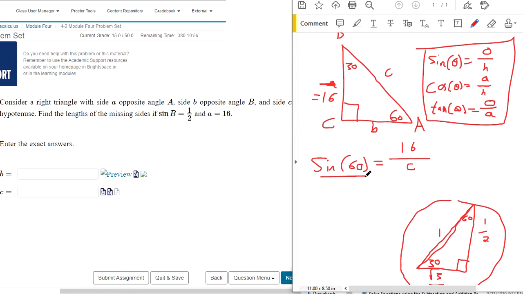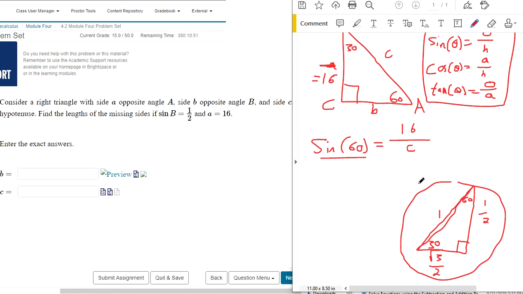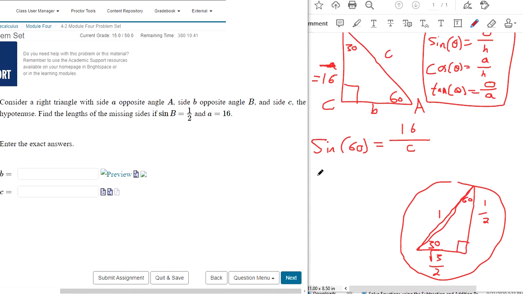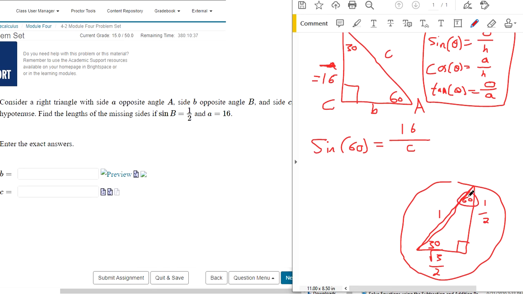Because this is just a value, and we're going to figure out what this is using the special triangle again. This is a value. This is a variable. So now we just have an equation with one variable we can solve. To figure out what sine of 60 degrees is using exact answers, we got to go back to the special triangle that we've used already. 60 degrees.